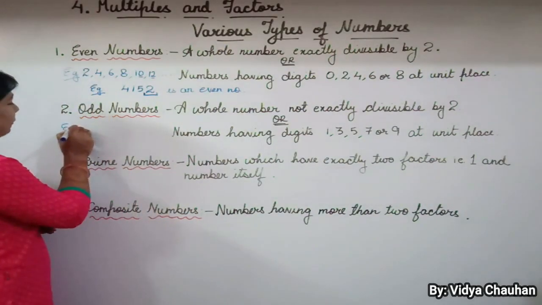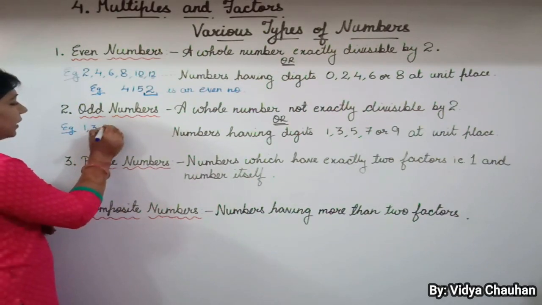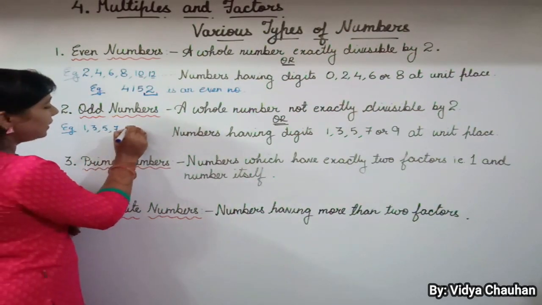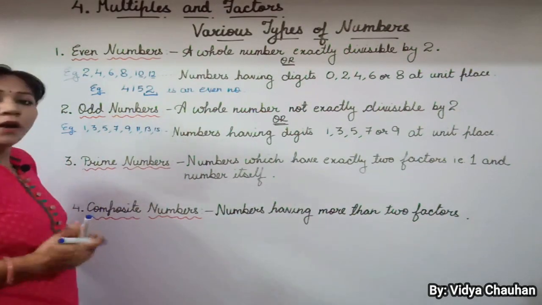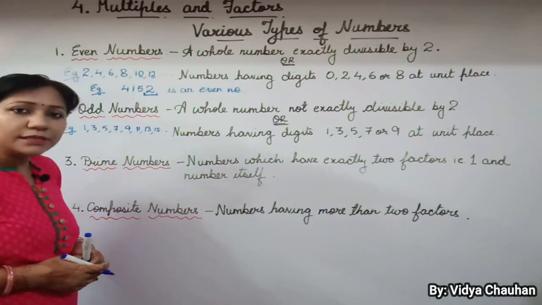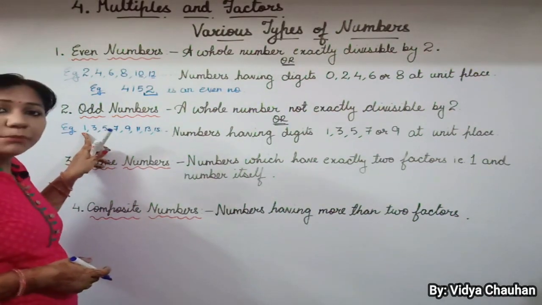Odd numbers start like 1, 3, 5, 7, 9, 11, 13, 15 and so on. All these are odd numbers just because they are not divisible by 2.